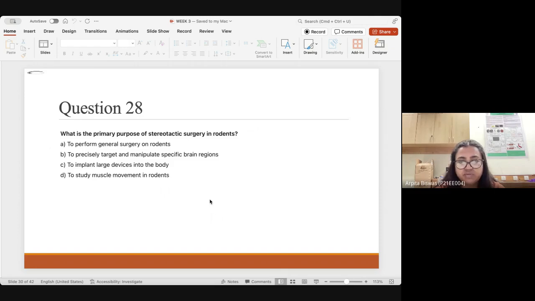First, to perform general surgery on rodents. Second, to precisely target and manipulate specific brain regions. Or C, to implant a large device into the body. And fourth, to study muscle movements in rodents.